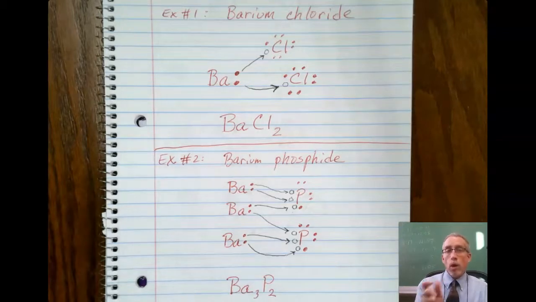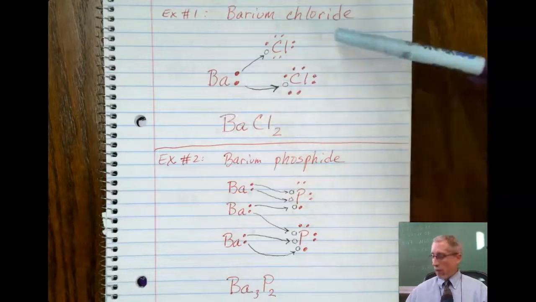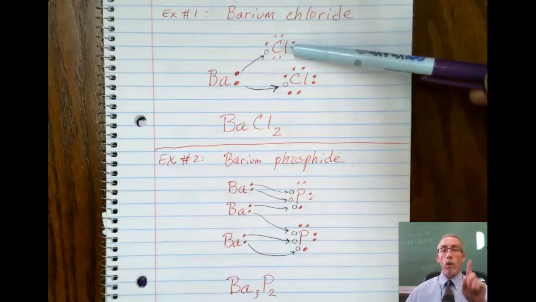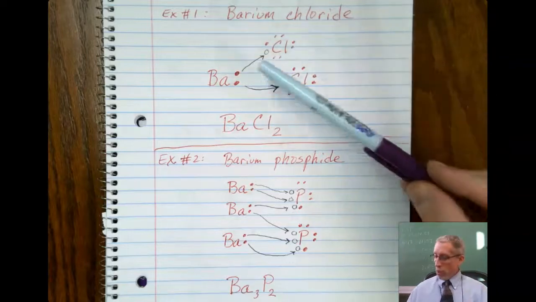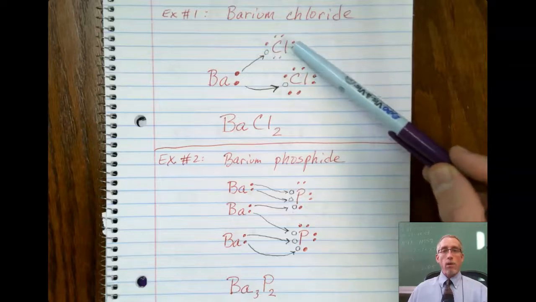Non-metals are just one, two, or maybe three electrons short of a full energy level, and so they will happily take some more electrons. So in the case of barium, trying to get rid of two, and we have a chlorine trying to acquire one more. So one of barium's electrons can go to this chlorine, and then that chlorine's happy.